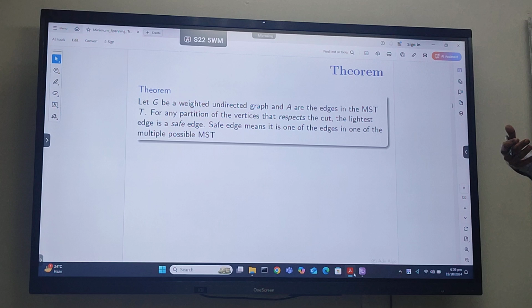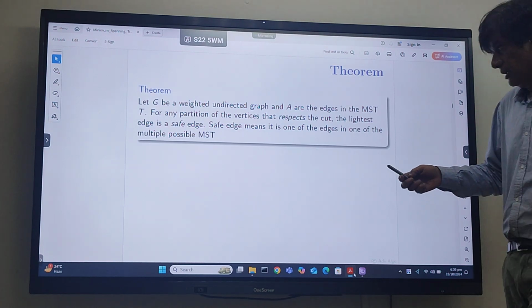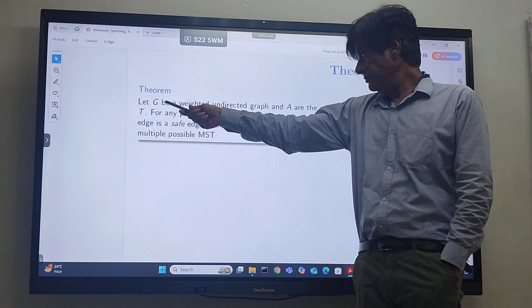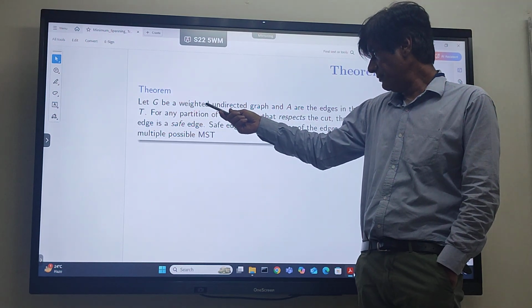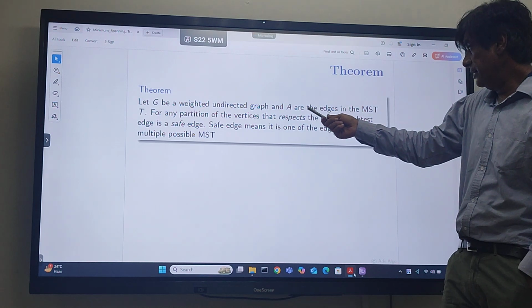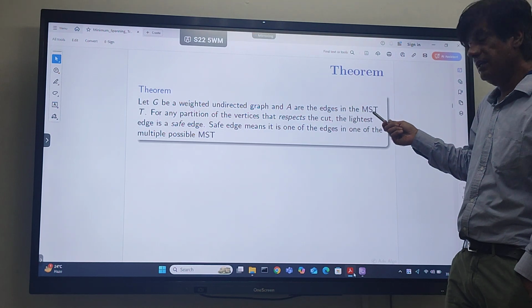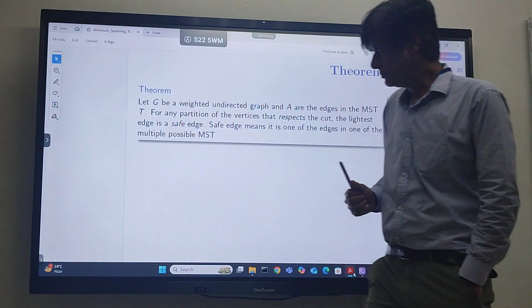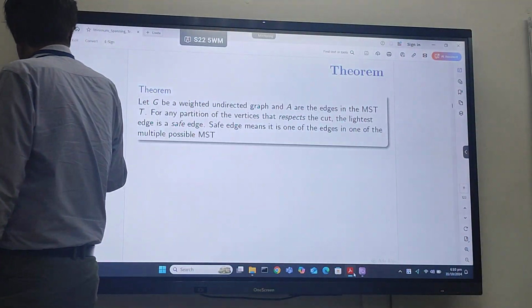So this is a mathematical fact that is always true for the minimum spanning tree in graph theory. So if we have a graph that is weighted and undirected, and A is some of the edges in the MST.